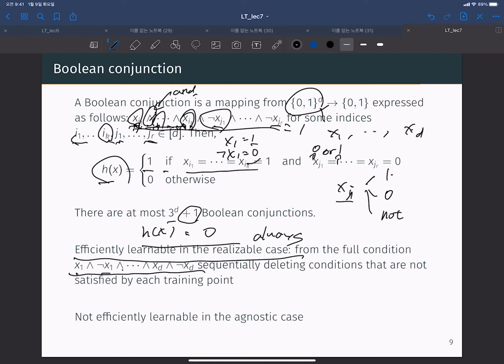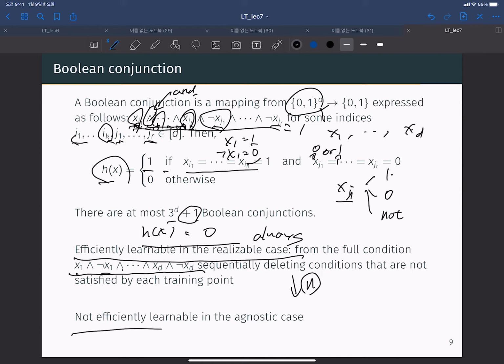After going through all the training data points, all the remaining conditions will satisfy all the training data points, so we can easily make an ERM solution, the hypothesis having zero training error.